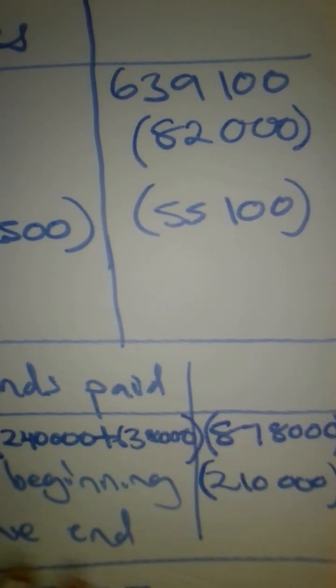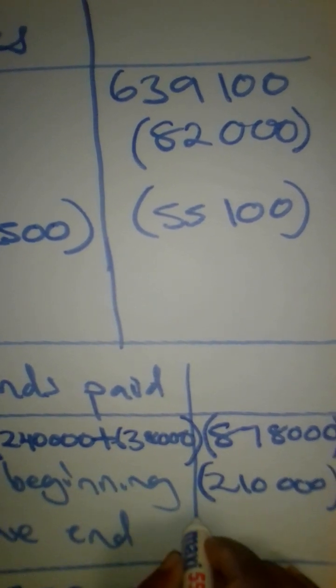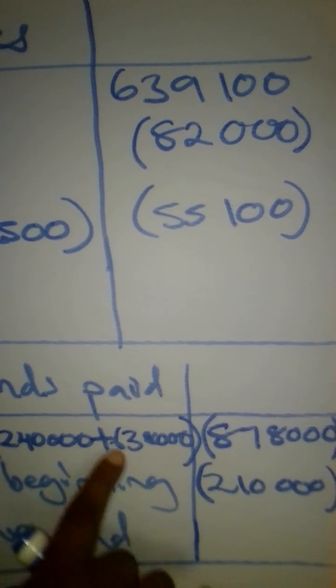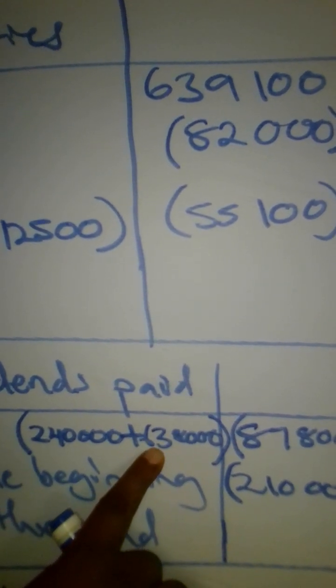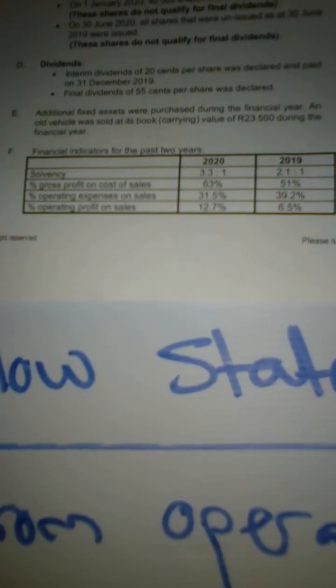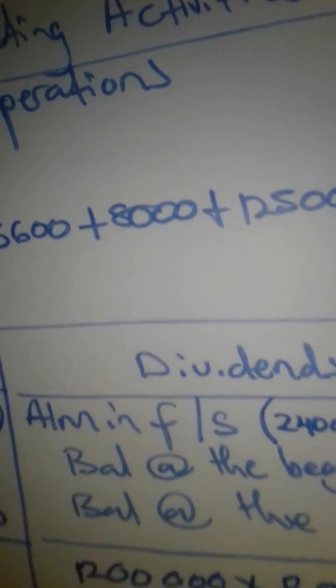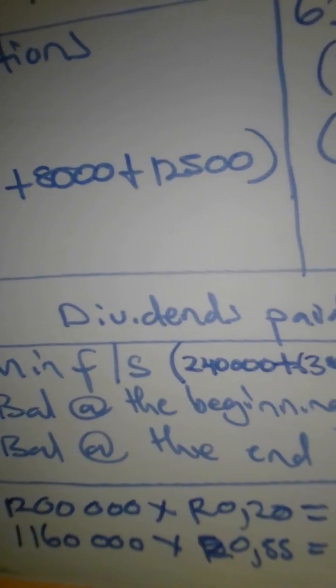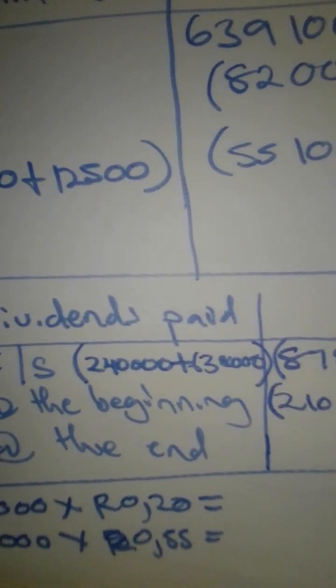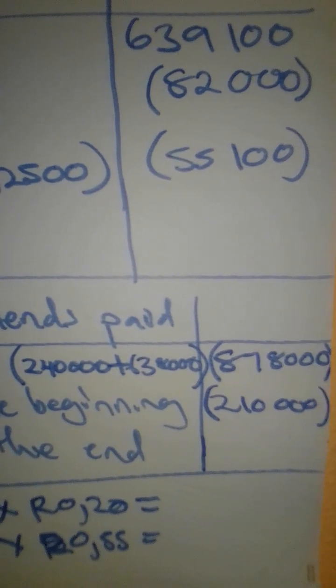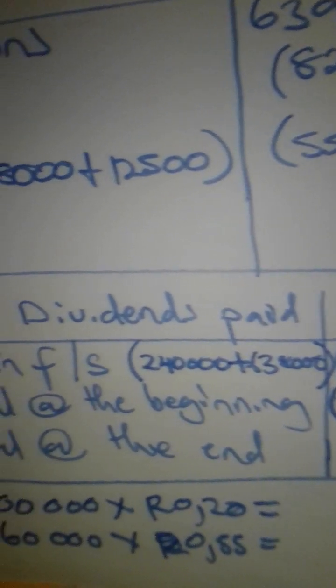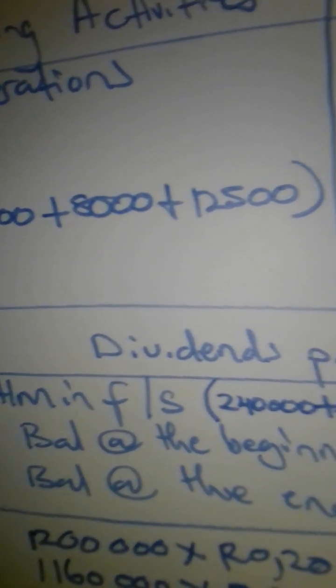The only amount that is not in brackets is the balance at the end. How much is the balance at the end? We take it from the calculation we have done here: 55 cents times 1,160,000, which gave us the dividends. The balance at the end was 638,000.